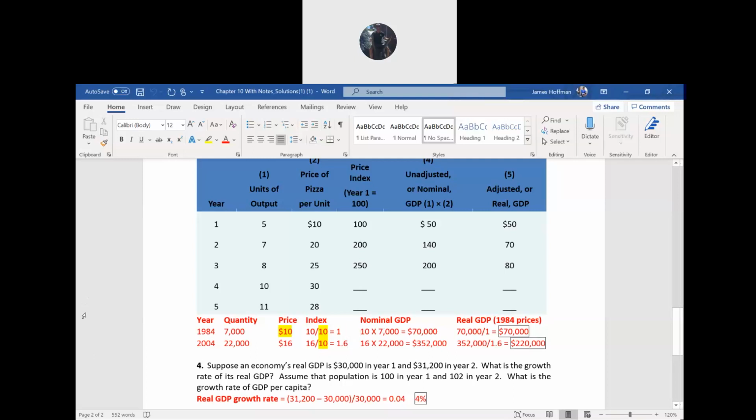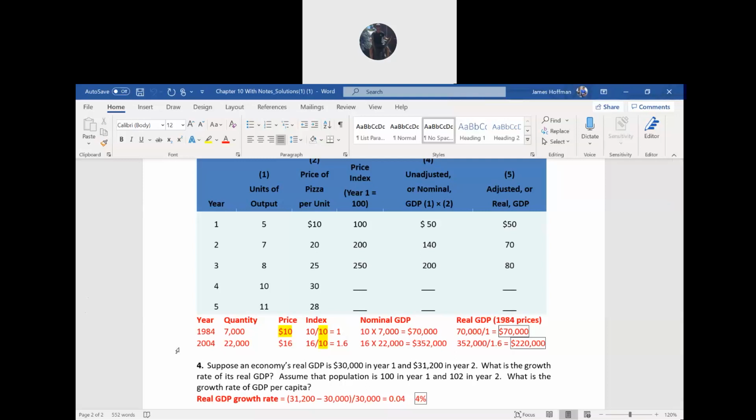All right, so nominal GDP is easy because you just take the price of the good and multiply it by the quantity. So 10 times 7,000 is 70,000 in nominal terms, and then the next year, 2004, 22,000 times 16 is 352,000.